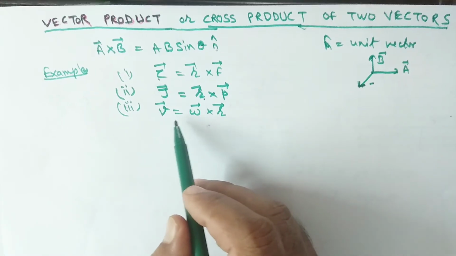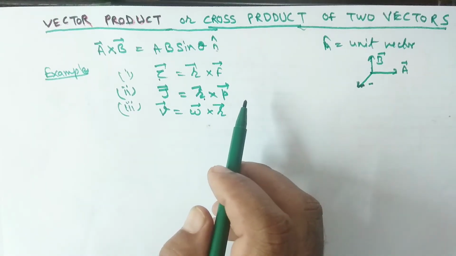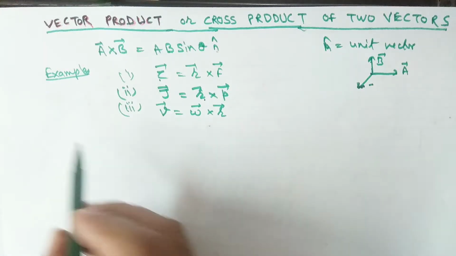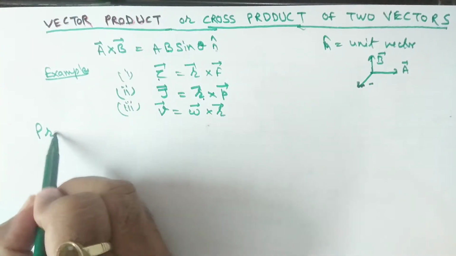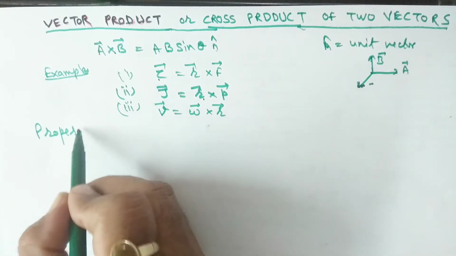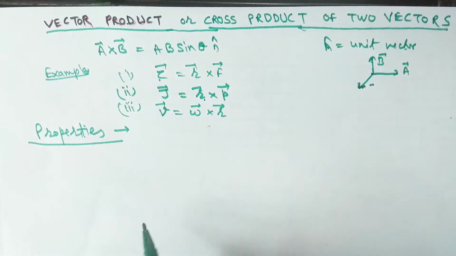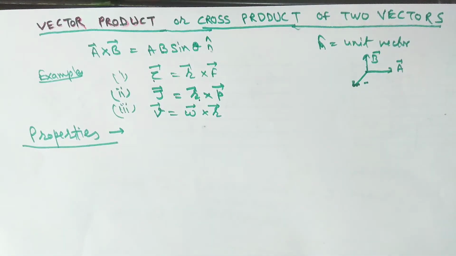So v is equal to omega r. This is another example. So students, after this we have to discuss the properties of the vector product. Now coming to the properties, one by one we'll take all the properties.